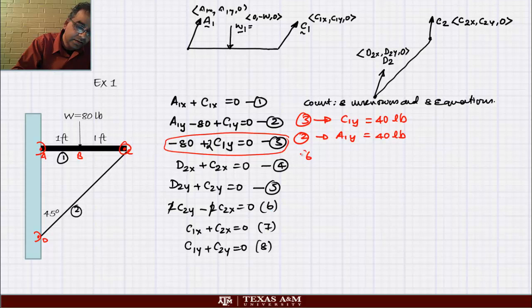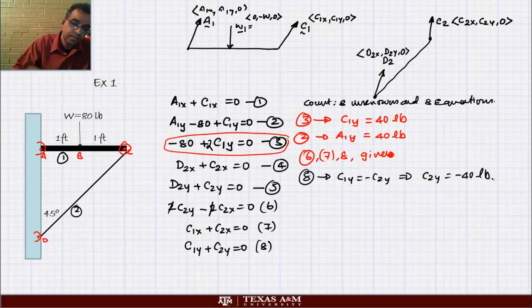And 8 gives me C1y equal to minus C2y, which implies C2y equal to minus 40 pounds, which implies from 6 that C2x equal to minus 40 pounds.